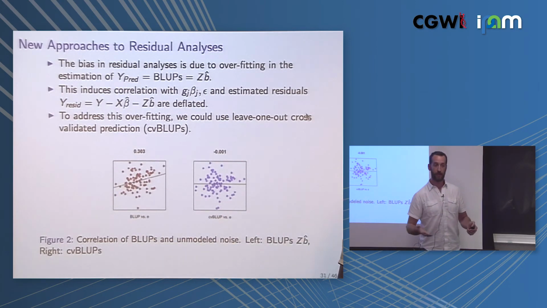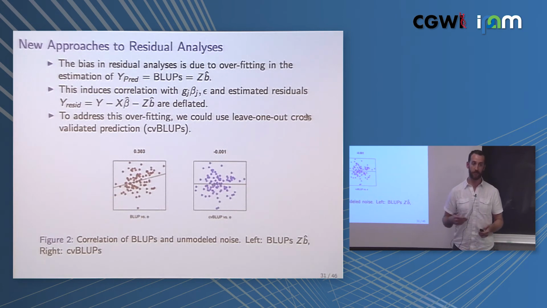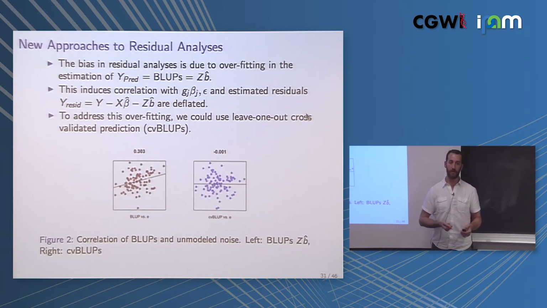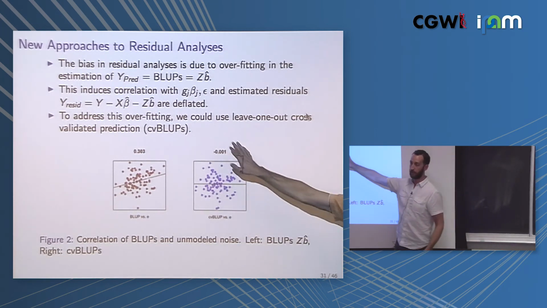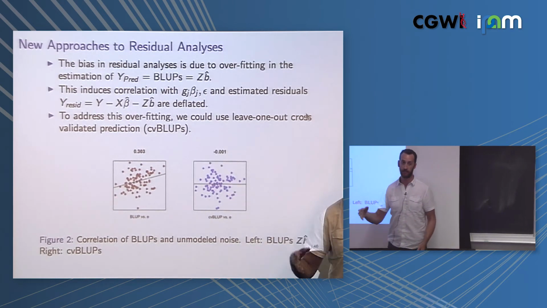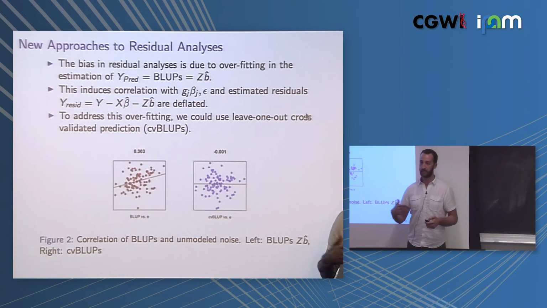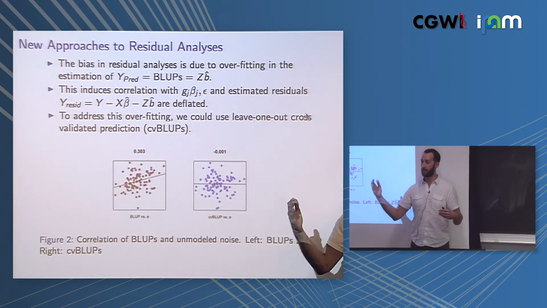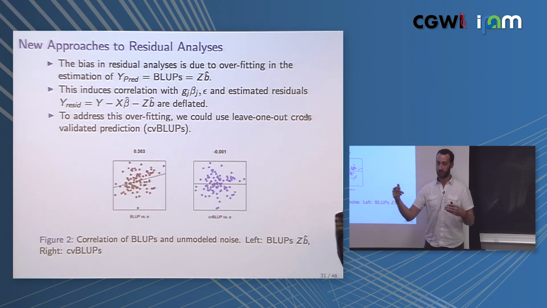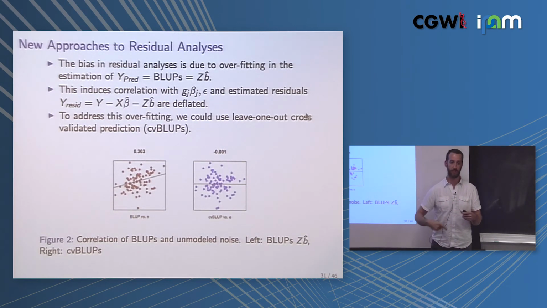So that's kind of why you're getting this deflation in a sense. And so what you might want to do is, instead of using the predicted y in your sample, build your predictor, or estimate your sigma g and sigma epsilon, in n-1 individuals, and then predict into the nth, and do that over and over again.